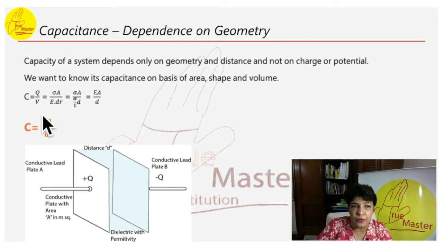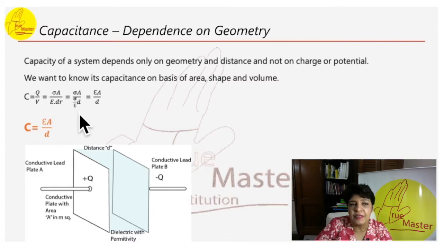We know charge Q for a plate can be written as sigma into area. Potential can be written as electric field into dr. The electric field E can also be written as sigma by permittivity.